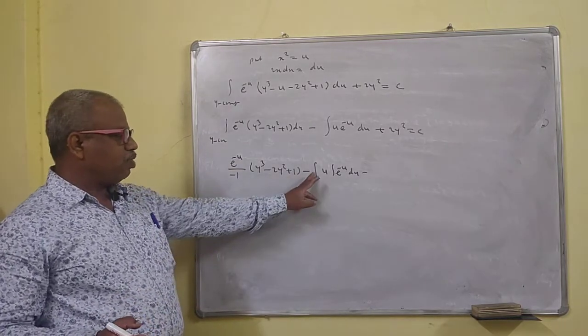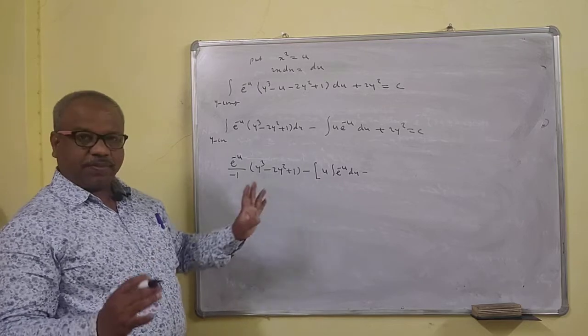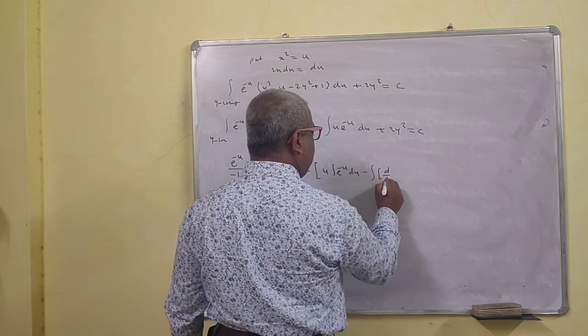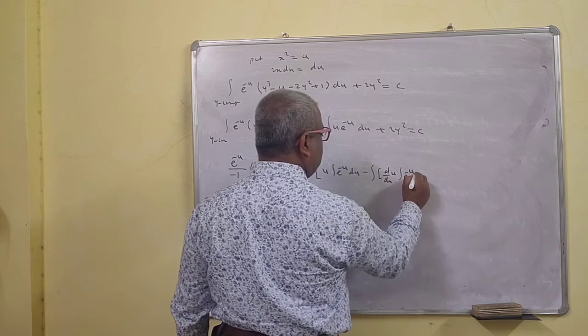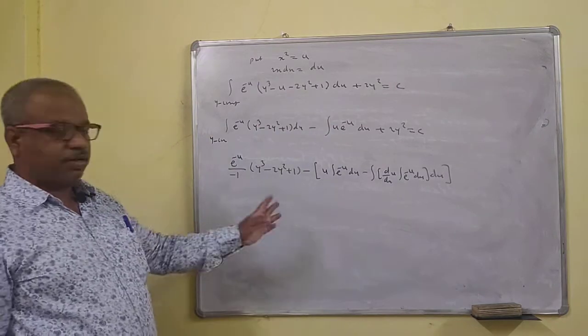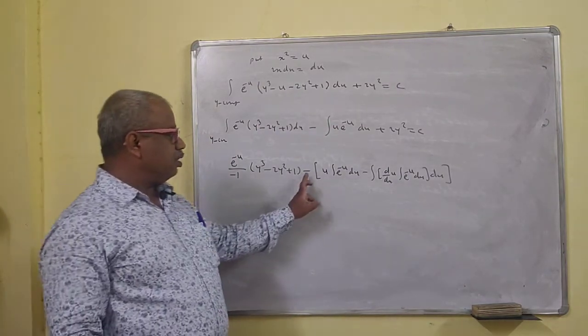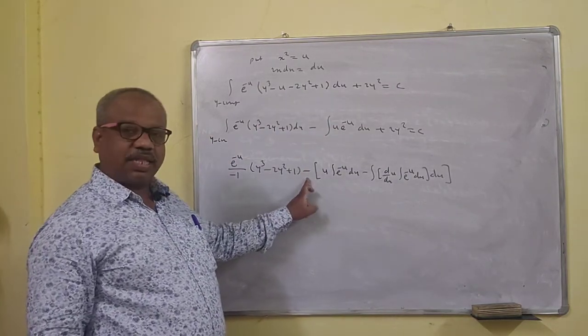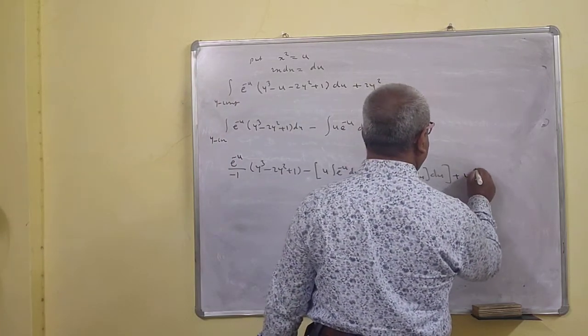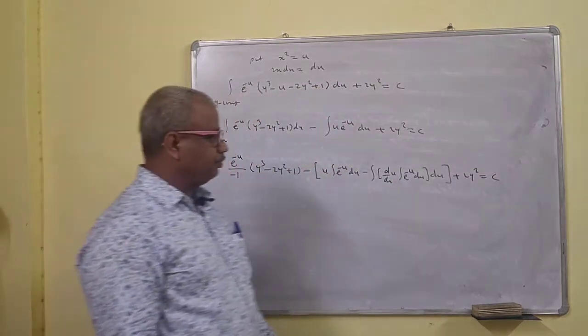So therefore here I am writing the y part in the bracket. Now this is d by du of u, integration of e raised to minus u du. Okay, bracket complete. This is the y part. I have completed it because there is a minus sign in the bracket, and minus plays a very important role. Twice y square is equal to c.